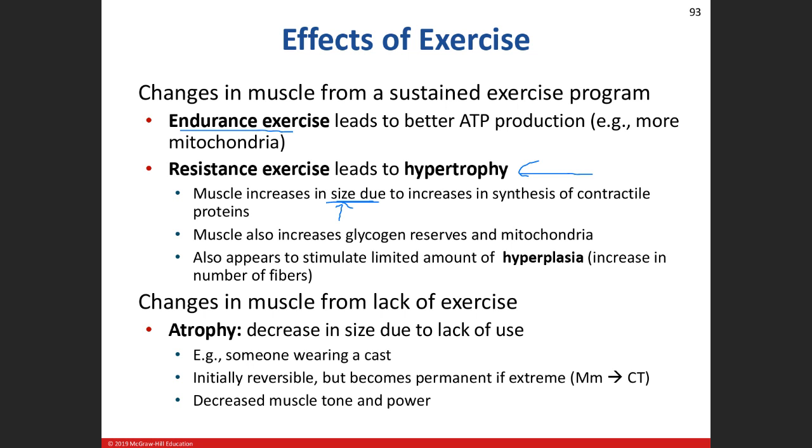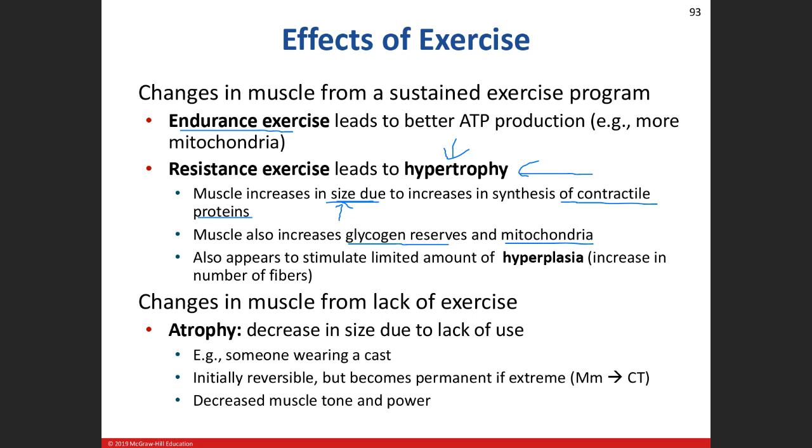And why is that? Because now we've added more contractile proteins in these muscles, so we can actually have more cross bridges occurring. Okay? We'll also increase the amount of glycogen that we can store inside the muscle tissue, and we increase our mitochondria number. But for the most part, skeletal muscle tissue will undergo hypertrophy.